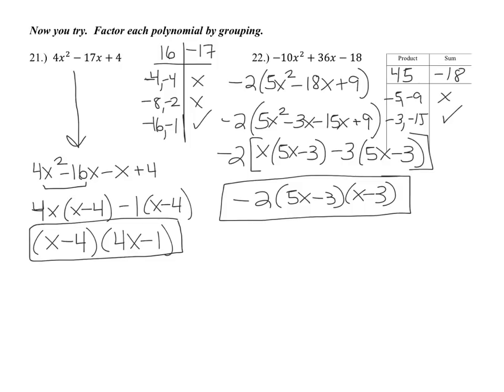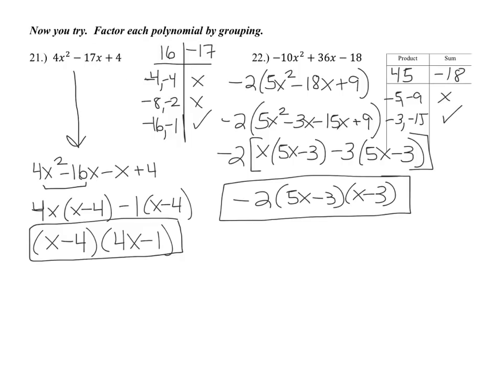All right, and so here are your answers for 21 and 22. Quick reminder, when you pull out GCFs, I know it can get confusing with pulling out a 1 and when to pull out a 1. Looking at this problem right here, you may have thought, well, the GCF is 1. We don't care about the GCF being 1 when you're just factoring this trinomial.